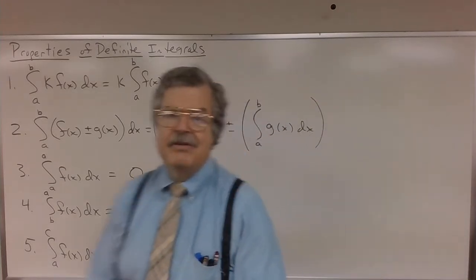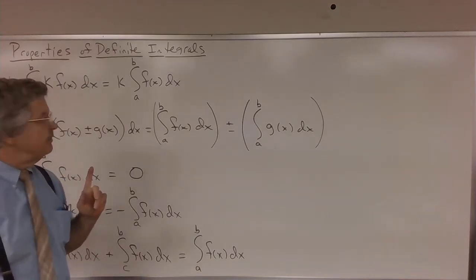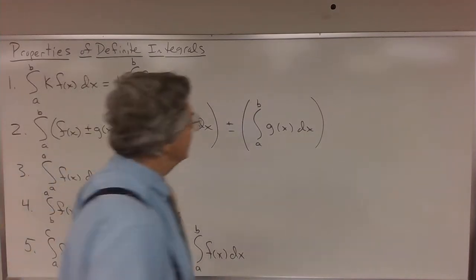You've seen these before. The only difference between these two and the analogous properties that we saw with indefinite integrals, or antiderivatives, is that the integrals had no upper and lower limits. But other than that, the properties were the same.